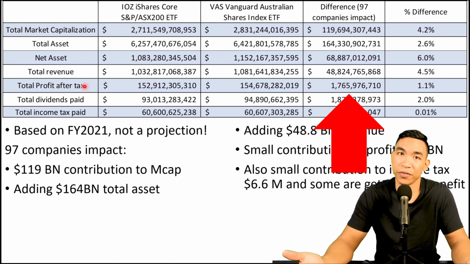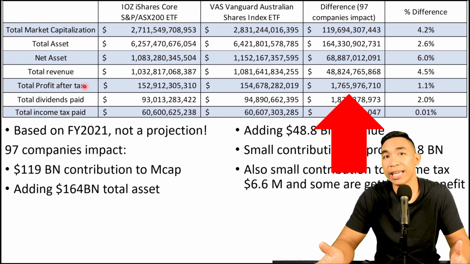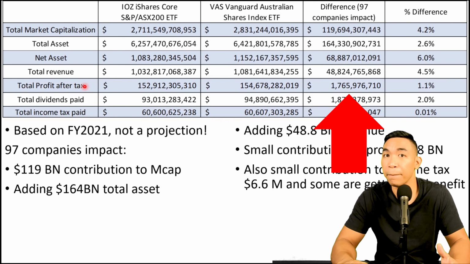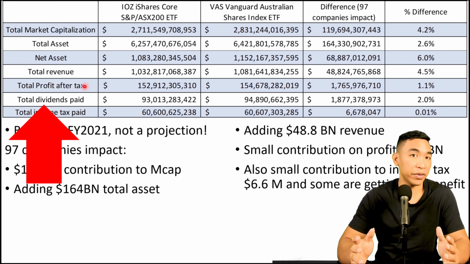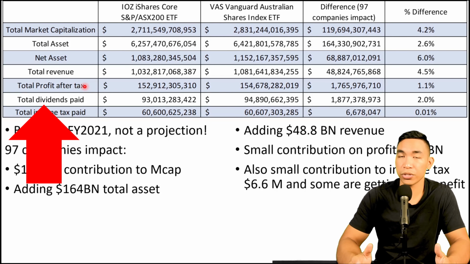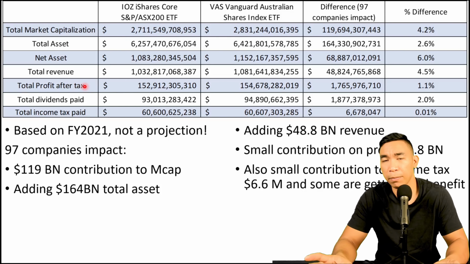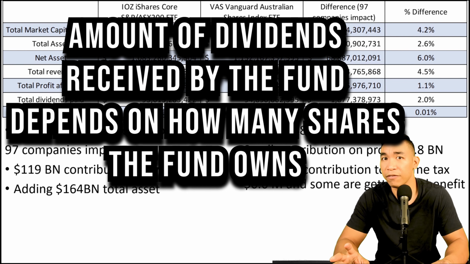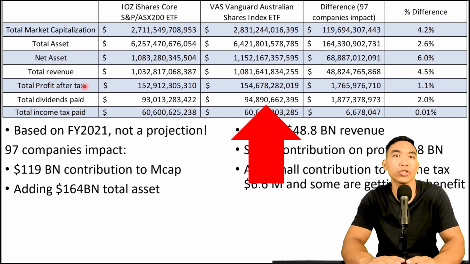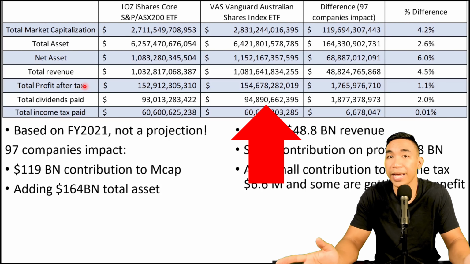And obviously with the net profit after tax differences being minimal, the total dividends paid to the shareholders are also minimal. For example, the top 200 companies in the ASX200 ETF paid out about 93 billion Australian dollars of dividends, and the total 300 companies paid out about $94 billion.